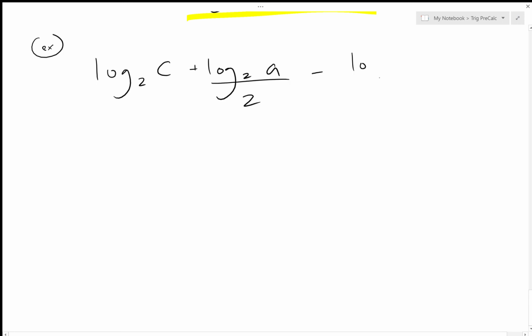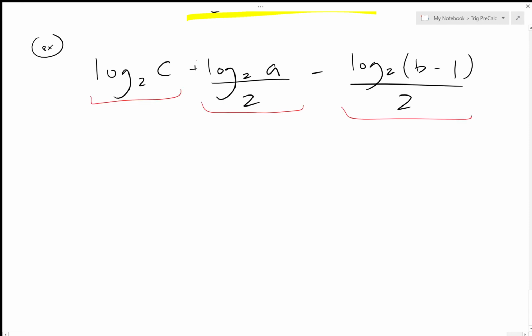All right, and looks like one last one for today. We're going to go ahead and condense log base 2 of c plus log base 2 of a over 2 minus log base 2 of b minus 1 over 2. Okay, so it looks like 3 unique pieces here.